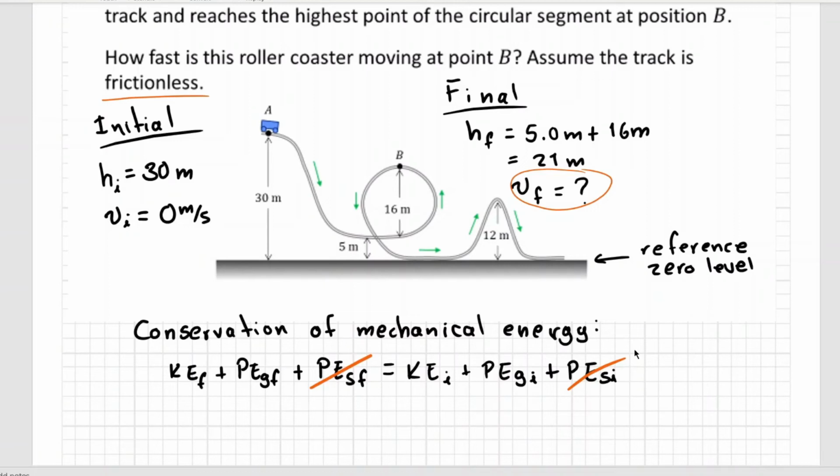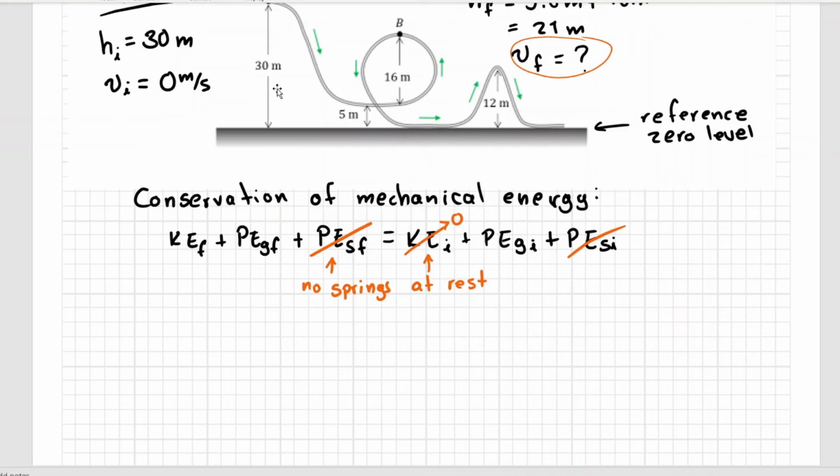On the other hand, we know that the initial velocity of the system was zero, which means the kinetic energy will be zero at the initial time. And then the equation will simplify. And we can write the equation explicitly in terms of other quantities.